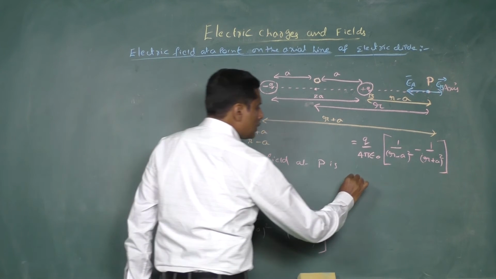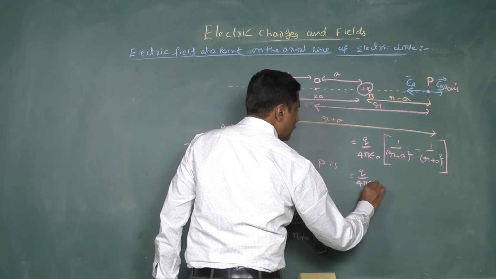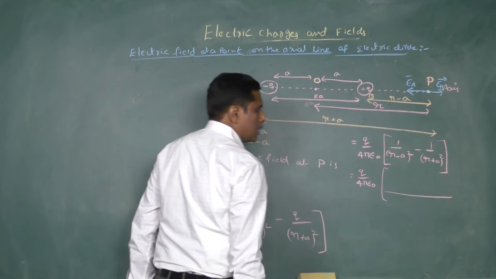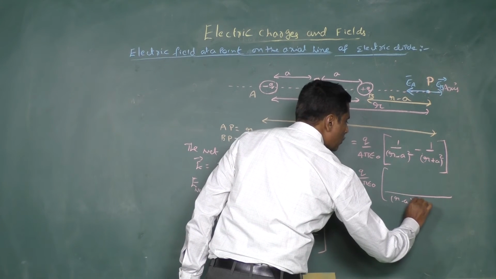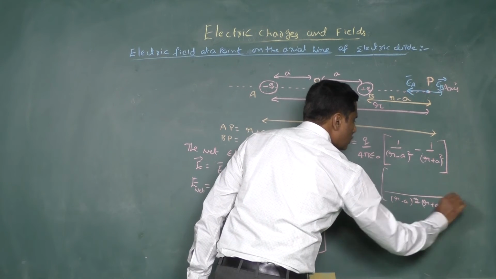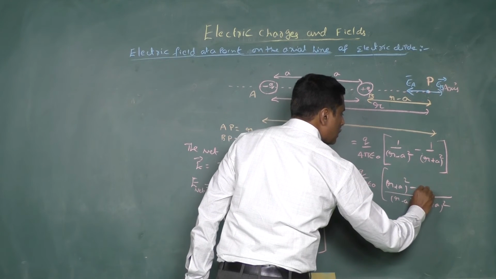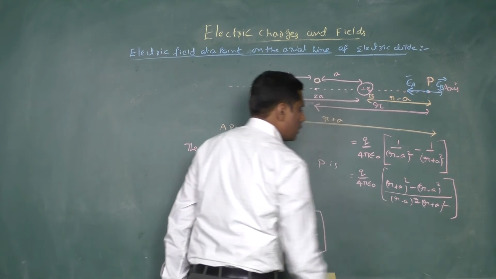That is equal to Q by 4 pi epsilon naught into, taking LCM here, (R minus A) whole square into (R plus A) whole square. Now the numerator is taken as (R plus A) whole square minus (R minus A) whole square.